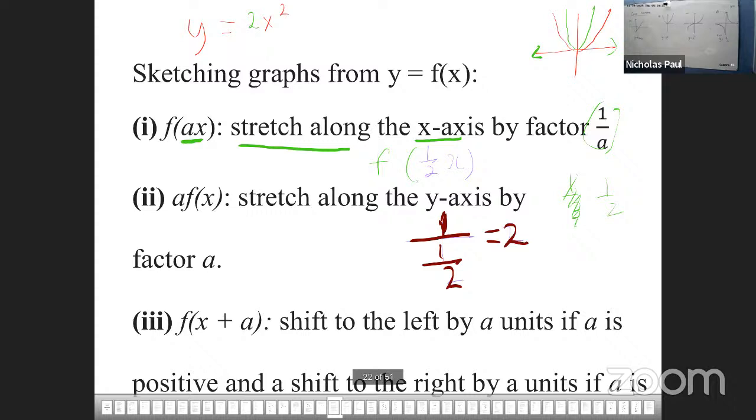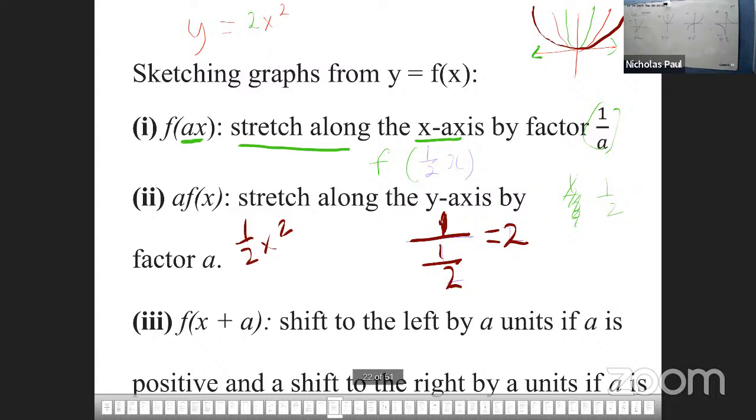So if it were half x squared, then the stretch will look something like this, twice as wide. Looking like a stretch now? Are you okay with that?